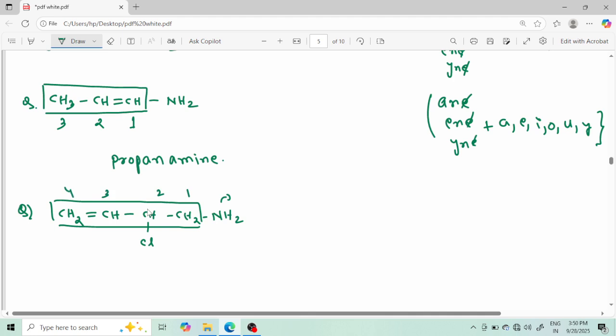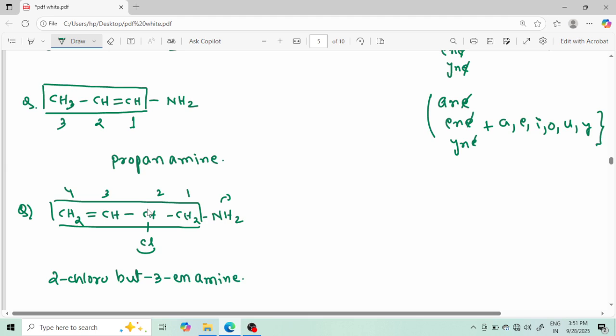So what will be the name of this one? So this is my side chain and its name is chloro, so 2 chloro, and then you have but, and between third and fourth position you have double bond, so you have to specify the number also. So here we always take the lower number, 2 en, right, and then amine.